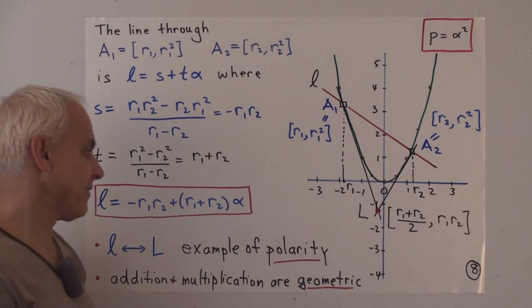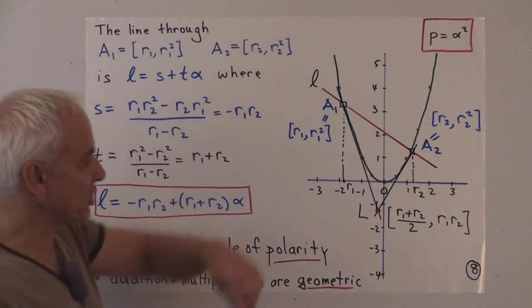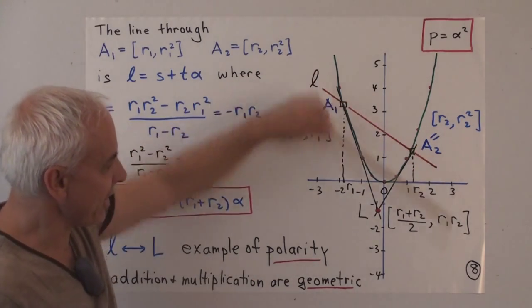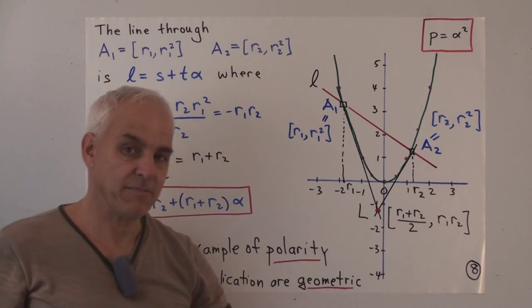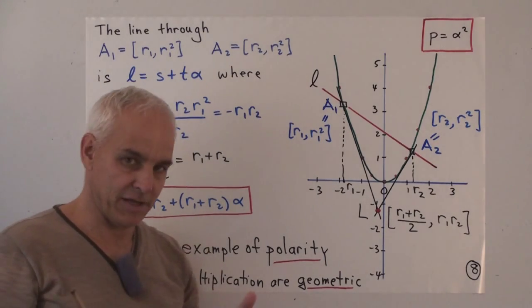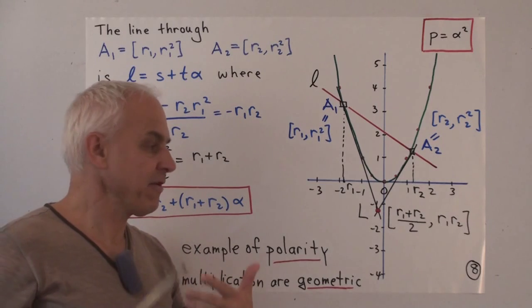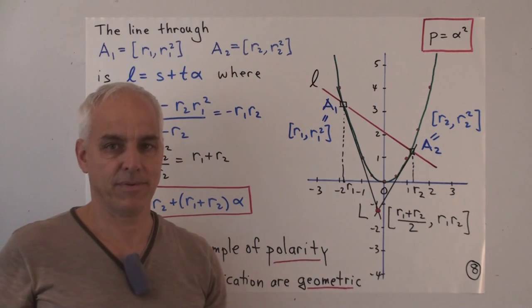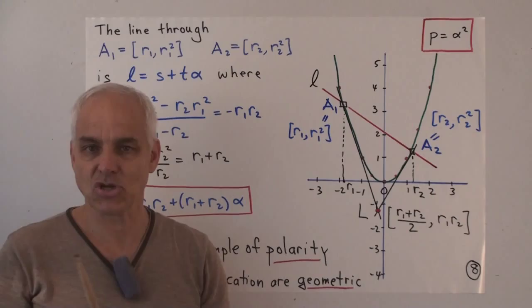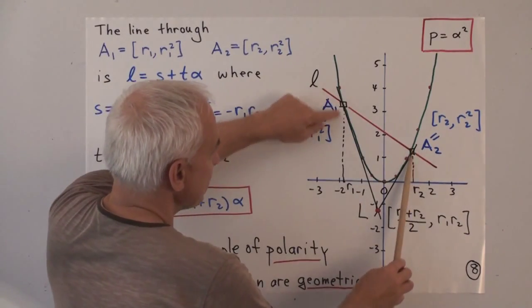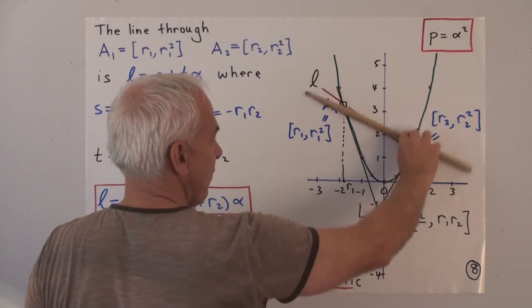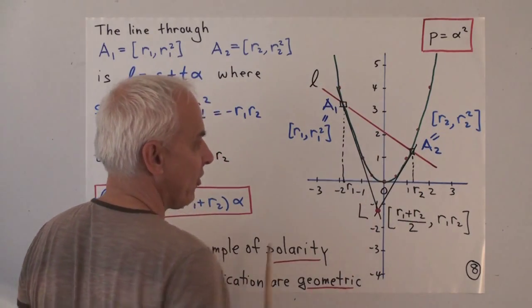Now, it's a very pleasant relationship, the relationship between this line and this point. In more advanced mathematics, and we'll be talking a little bit more about this, it's a very important relationship that somehow characterizes this conic. If we move these 2 points around, then of course this line will move around, and this point here will also move around.